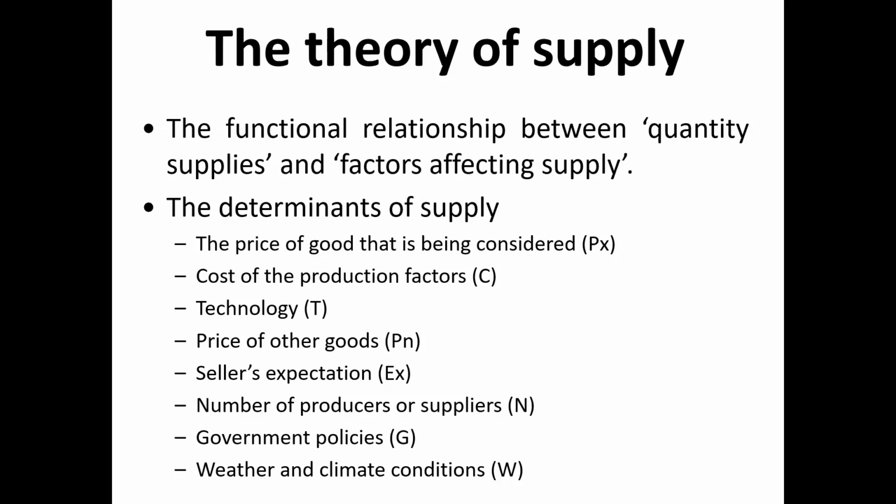Number of organizations: if there is a large number of organizations in the economy, there may be huge supply, so supply may increase. Then government policies. If the government imposes a tax, supply will be reduced.